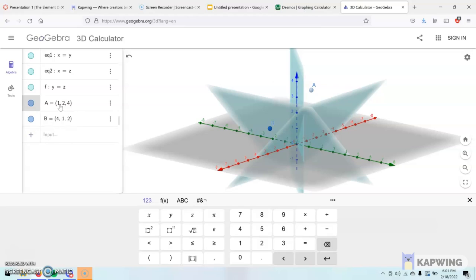Another example is maybe 3, 1, 5, and 5, 3, 1.